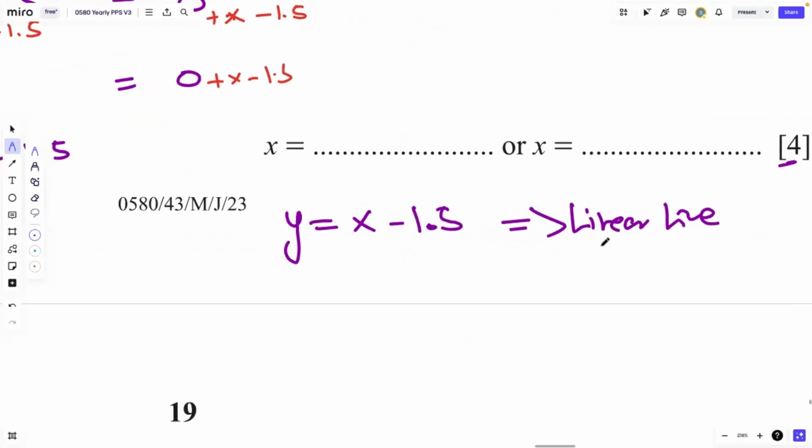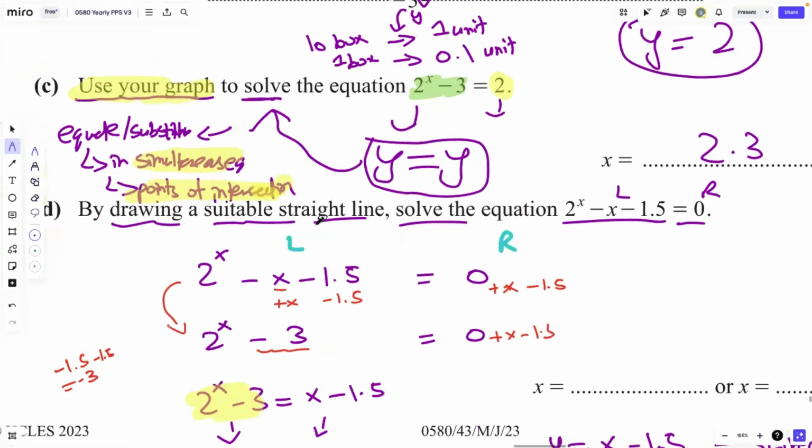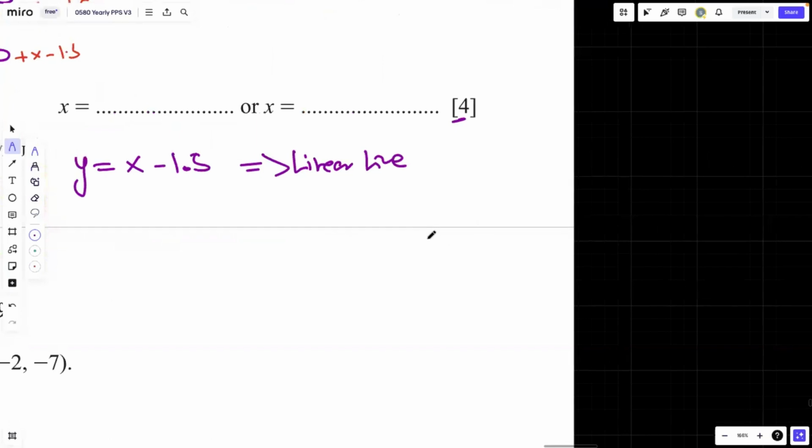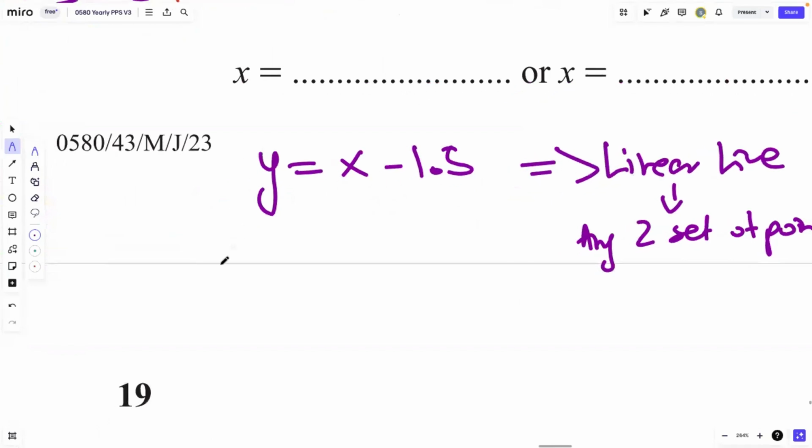And how do you sketch a linear line? I need to sketch that by making a suitable line, that's also giving me the hint to use the graph. So for a linear line, we need two points. Actually any two points. So I'll just use x = 0, and I plug x = 0, so I'm getting y to be 0 minus 1.5, which is just minus 1.5.